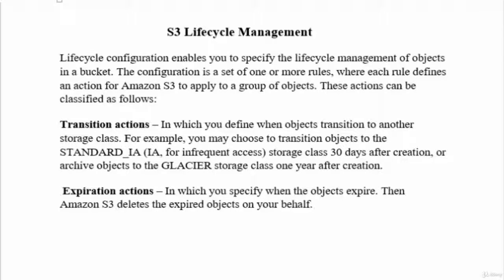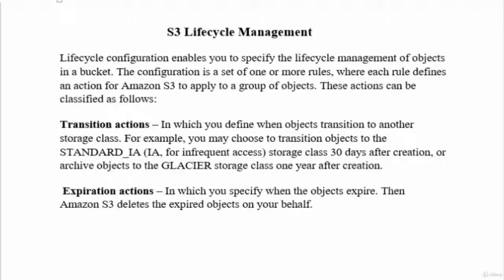For example, after 30 days, the data may go from standard to standard infrequent access. And after some more time, you want that data to be archived, so you can create another rule that the data may go to Glacier. Glacier is used for archival of data in S3. You can choose, for example, after 90 days or after 60 days, the data may go to Glacier. And from Glacier, after 365 days, or 2 years, the data can be deleted.